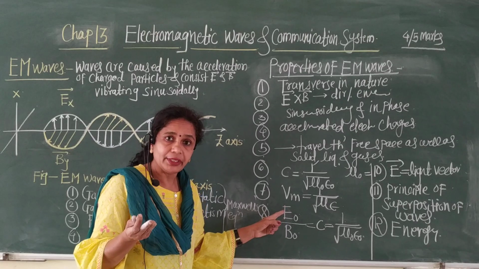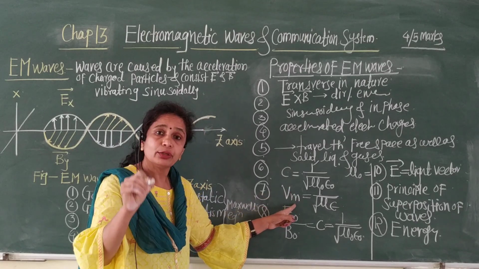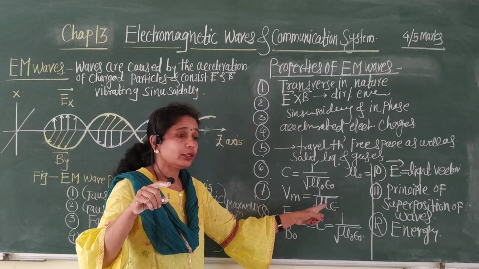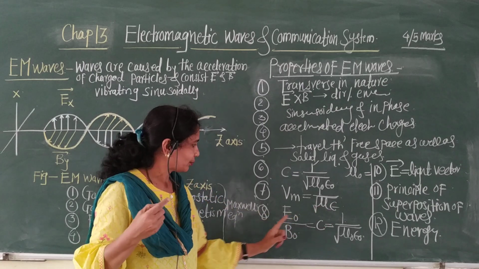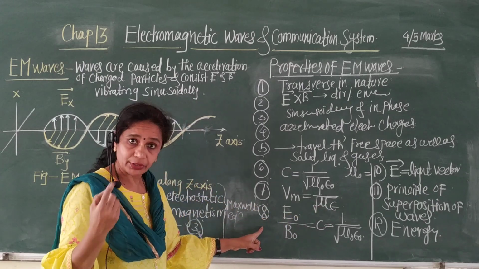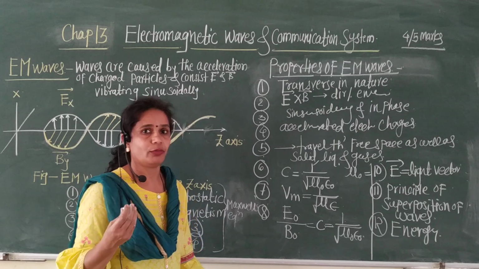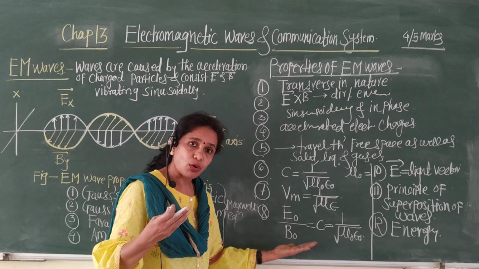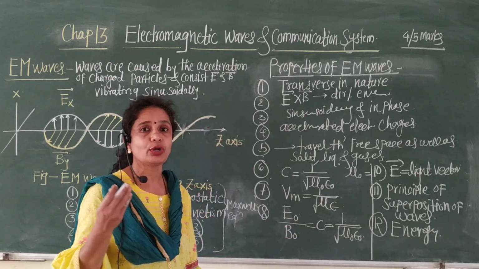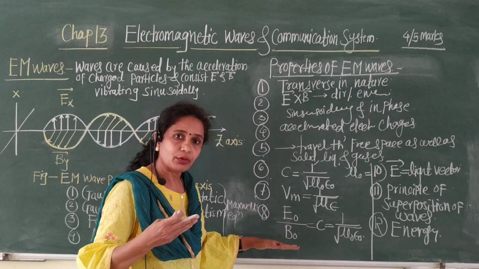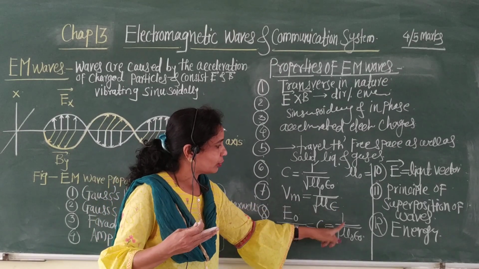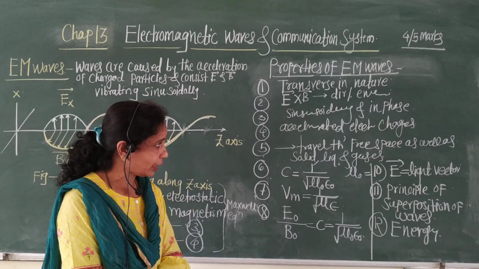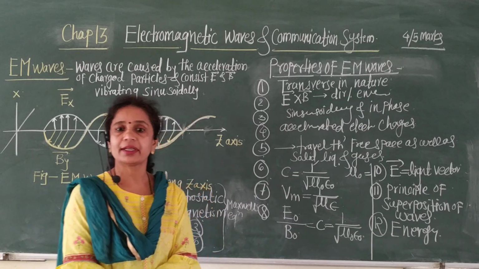Then in material medium, the velocity of electromagnetic waves is given by Vm is equal to 1 upon under root of mu into epsilon. Okay. Then property number 8 is the ratio of amplitude of electric field to the magnetic field is constant and equal to the velocity of light. Therefore, E naught upon B naught is equal to c is equal to 1 upon under root of mu naught into epsilon naught. Okay. Then property number 10.